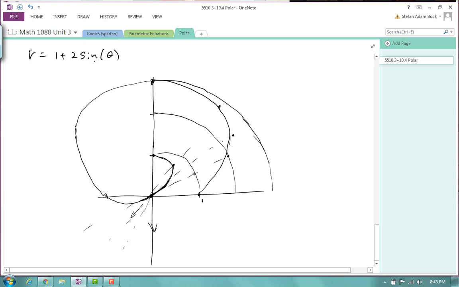And that continues until I get to 2 pi. And that's going to continue until I get to 11 pi over 6, as this is going to get mirrored again.